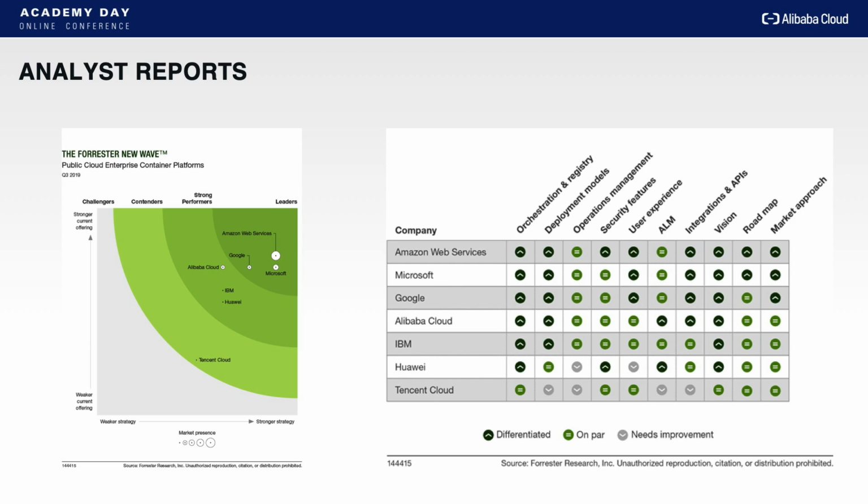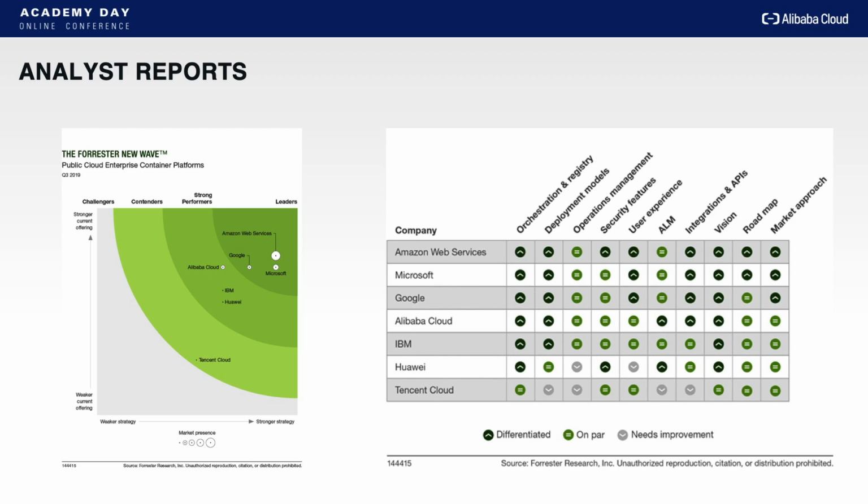Forrester evaluated 7 vendors and ranked them against 10 criteria such as orchestration, registry, deployment models, user experience, integration APIs, roadmap, etc. Forrester's take: Alibaba Cloud Container Service stands out with robust ARM and integration features.